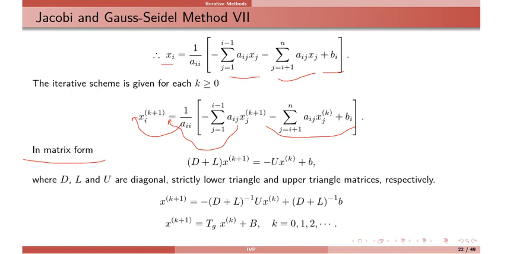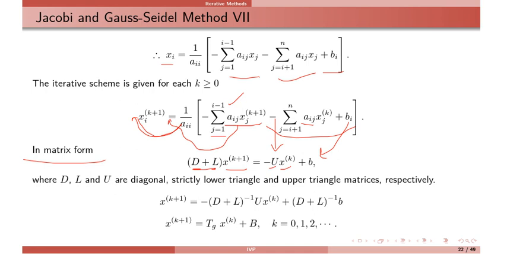What you got on the left-hand side: aii multiplied by xi, this is the diagonal part of the matrix, plus aij xj, with j running from 1 to i minus 1, the lower part. So D plus L will remain on the left-hand side with label k plus 1, updated, and with a negative sign the upper part aij, j running from i plus 1 to n, will move to the right-hand side with label xk, and this b is the column vector b1, b2 up to bn.